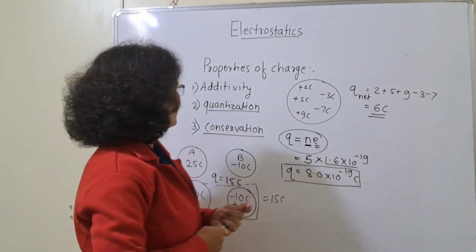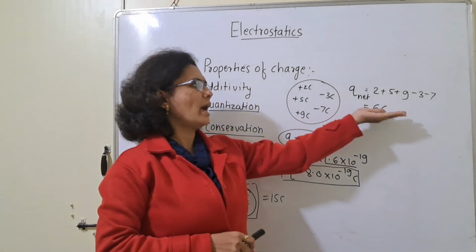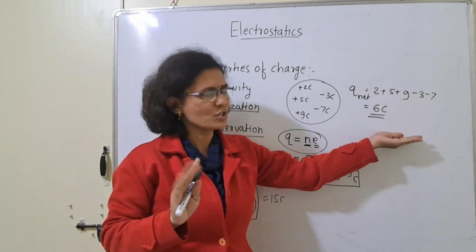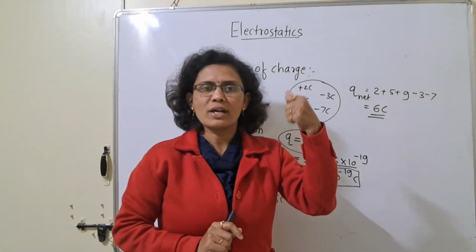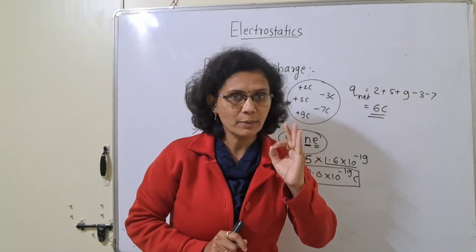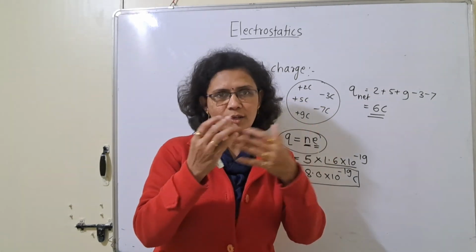So what we have discussed? Three properties. Additivity means charge can be added simply algebraically by considering signs of the charges. Next is quantization. Charge can be transferred from one point to another point as an integral multiple of charge, means charge cannot transfer like 1/2 charge, 3/4 charge.